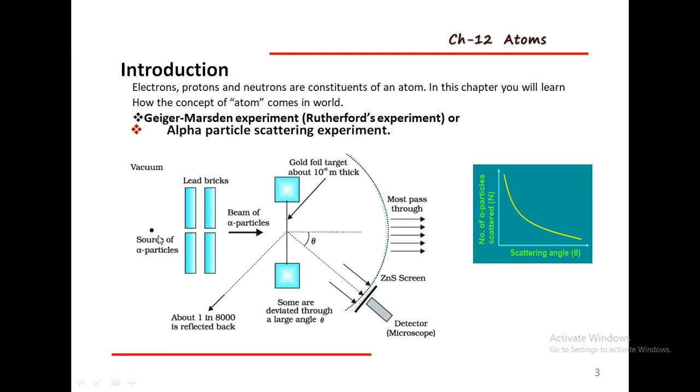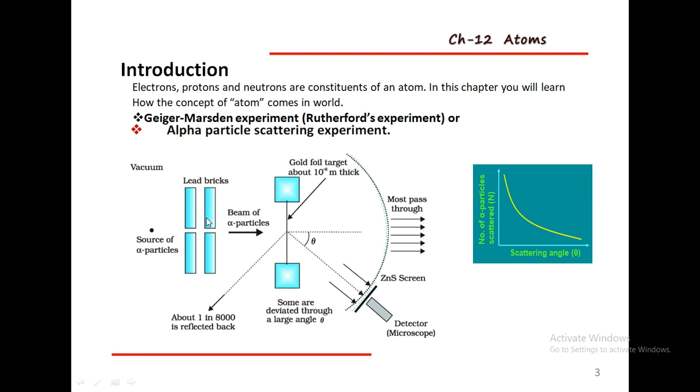For the source of alpha particles, for example, you can take uranium, having an energy of 5.5 mega electron volt. Then they used lead bricks or lead slits, which make the beam of alpha particles travel in a single direction.